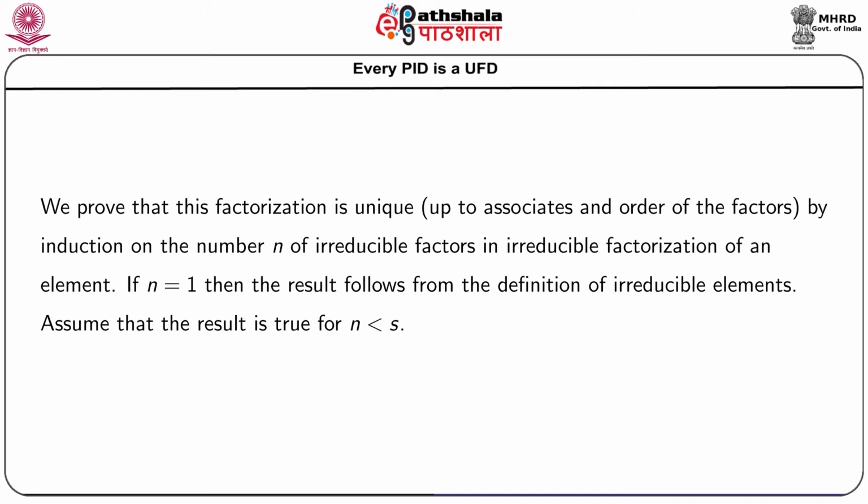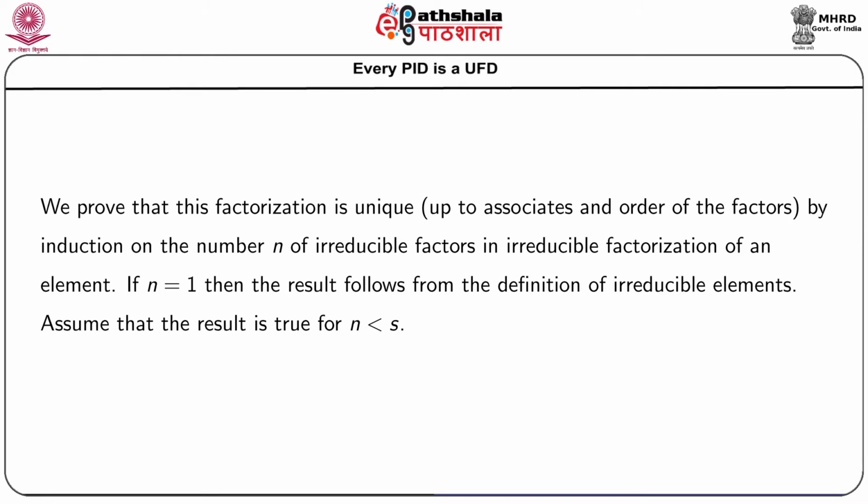If n equals 1, then the result follows from the definition of irreducible elements. Let us make our induction hypothesis that the result is true for all n less than s. Suppose A belongs to D is such that A is equal to P1, P2 up to Ps, which is equal to Q1, Q2 up to Qt. That is, the element A has two irreducible factorizations, one of which contains s factors.